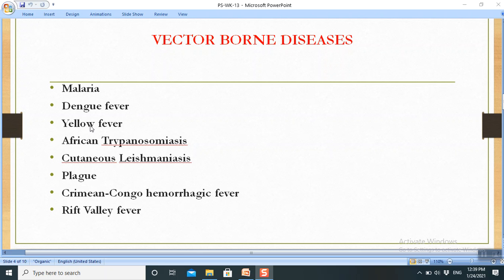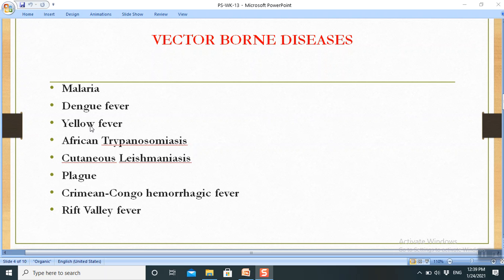The common symptoms include fever, headache, muscle ache, plus problems in the urine, nose, and gums. Altogether it is a very dangerous disease and it kills.